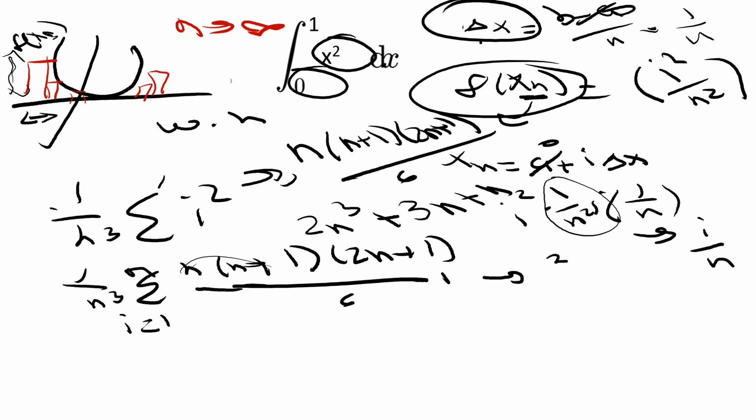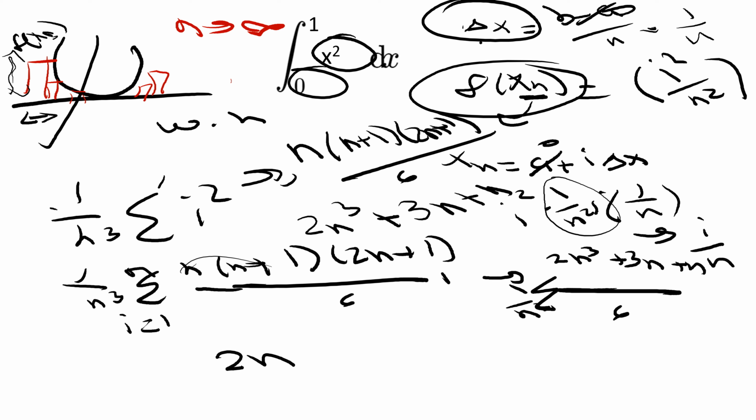So it will be 2n cubed plus 3n squared plus n divided by 6n cubed.